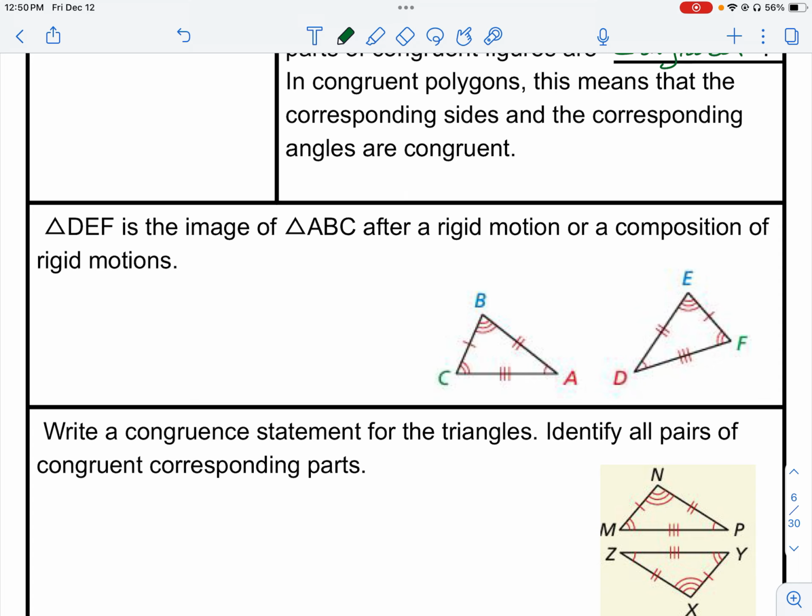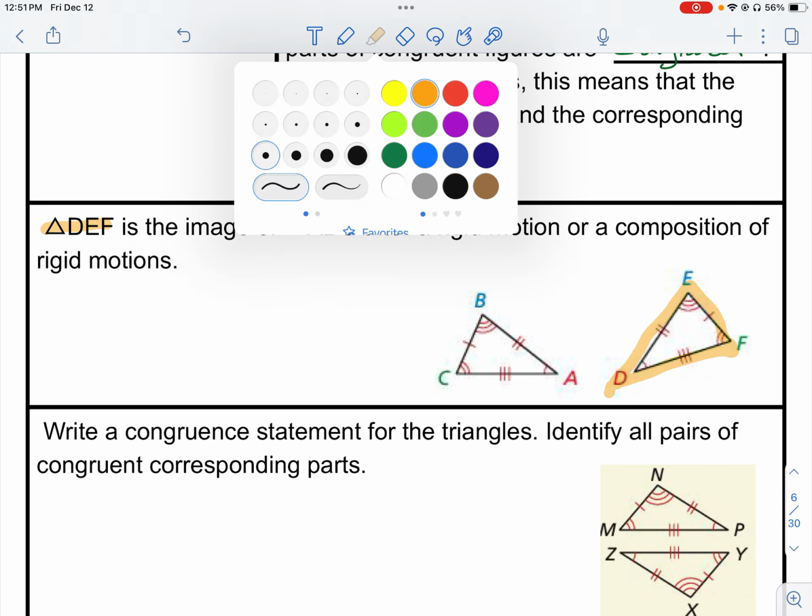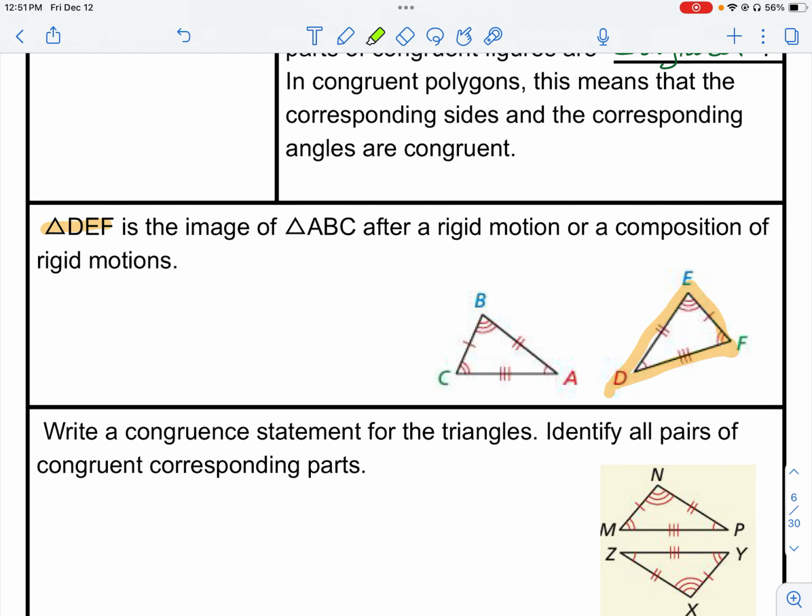So let's look at what this means. So triangle DEF is the image of triangle ABC after we did some rigid motions. So let's name all the corresponding parts.